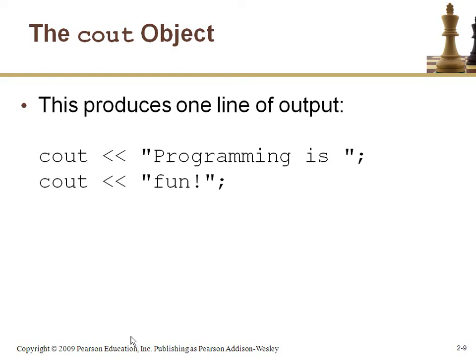The first one will output "Programming is " with a blank at the end of it, and your cursor is sitting at the position right after the blank. When the next cout gets executed, the letter F from the word fun will follow that blank character, hence putting it on one line, and then end with an exclamation mark.